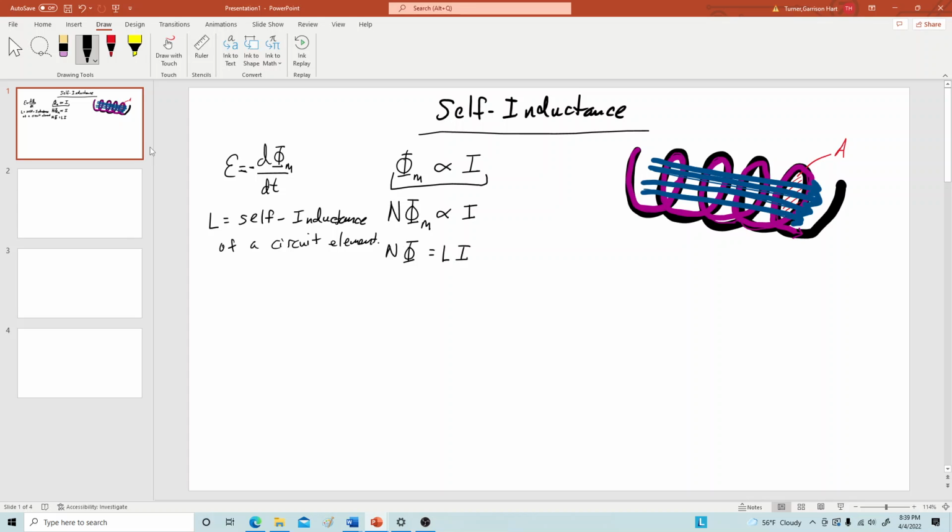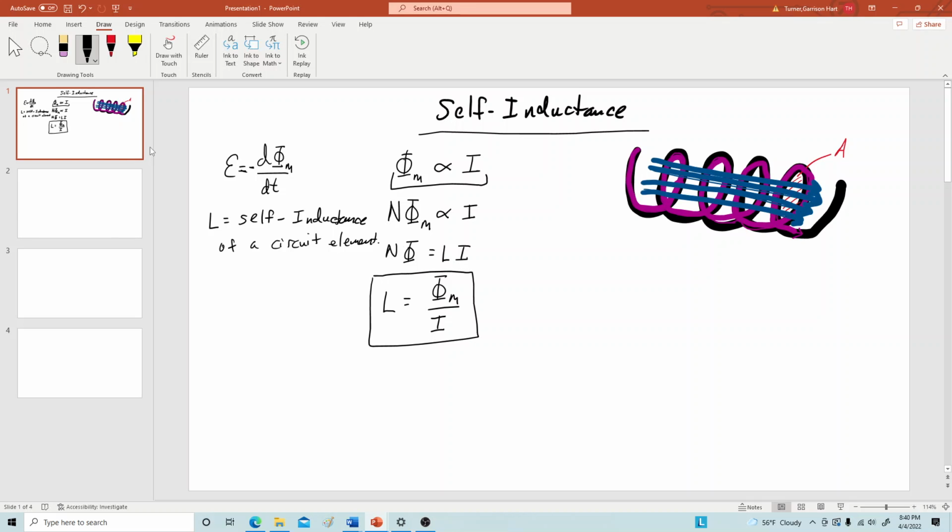Most notably, this should be no surprise, inductors. Now, first let's look at it this way. Let's assume I only have a single coil. Then I can write my self-inductance like this.